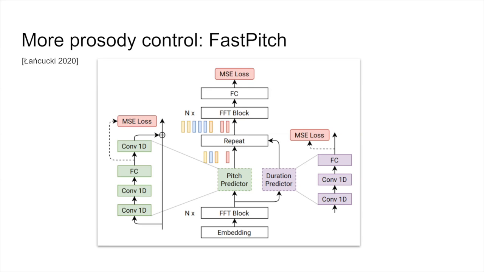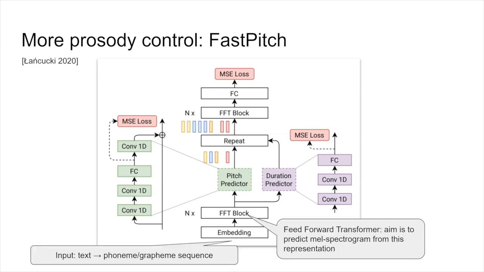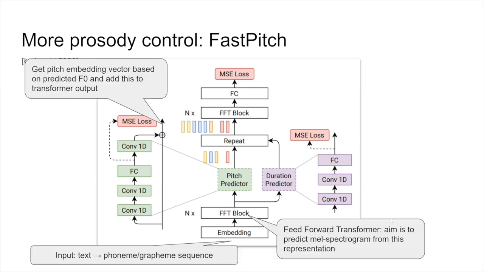Right, so this is the type of model that we're using. And again, it's built on a transformer. You get a representation based on the input text that basically gives you something like a phoneme or grapheme sequence. It gives you a text representation. And you get from that also a pitch representation.